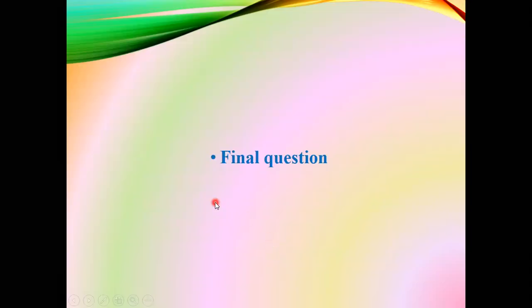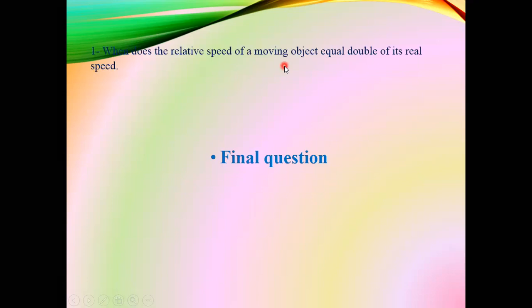Here is another one. When does the relative speed of a moving object equal double of its real speed? Let me think. Relative speed equals double the real. If I have a relative speed of, for example, 100, the real speed will be 50 in this case. So the object speed must be 50 plus another 50.